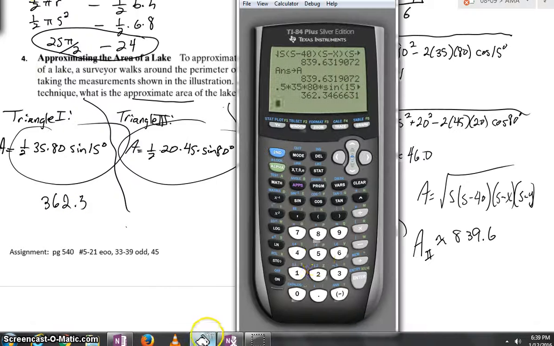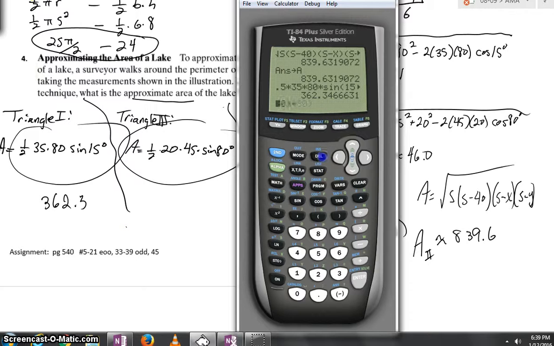And then triangle 3 is going to be 0.5 times 20 times 45 times the sine of 80 degrees. And you could store that perhaps in another one. Oh, do you know what? I once again did not store that other value in. So tell you what, I'm doing the same thing here that I had done before. I worked out the 362.3.